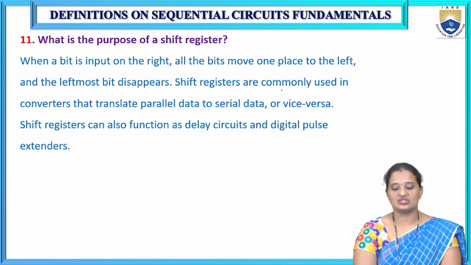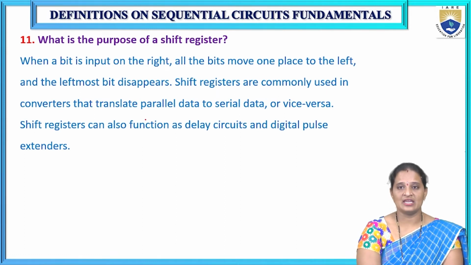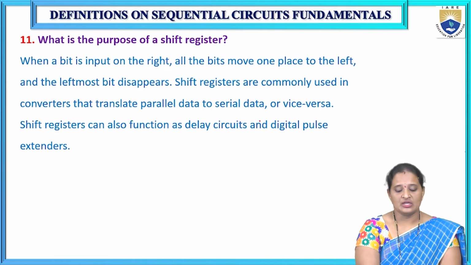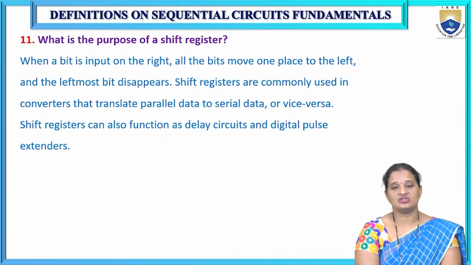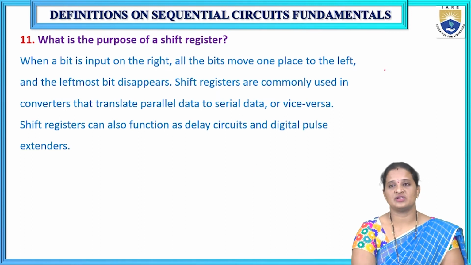Shift registers are commonly used in converters that translate parallel data into serial data or vice versa. Shift registers can also function as delay circuits and digital pulse extenders. So this is the purpose of a shift register.